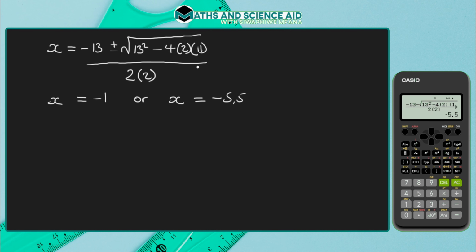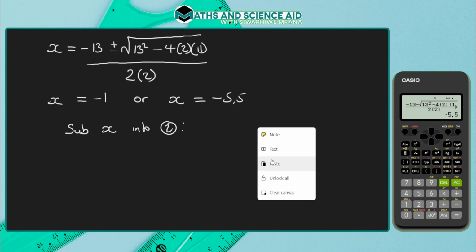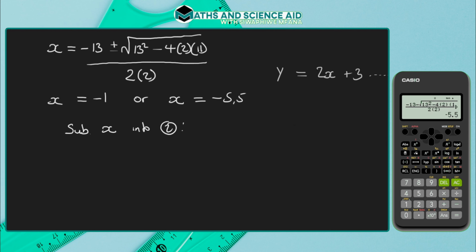So that's exactly what we are going to do here. We will substitute our x values into equation number 2. And this was what we got for equation number 2. So for x is equal to negative 1, we will have y is equal to 2 into negative 1 plus 3.